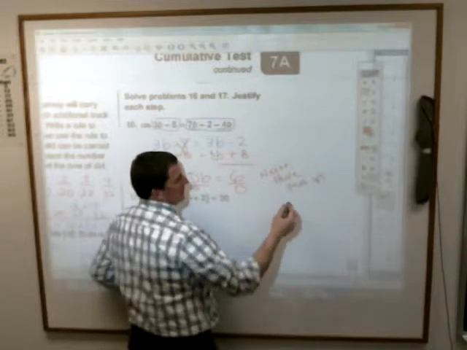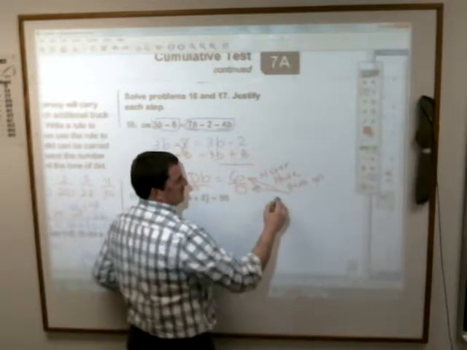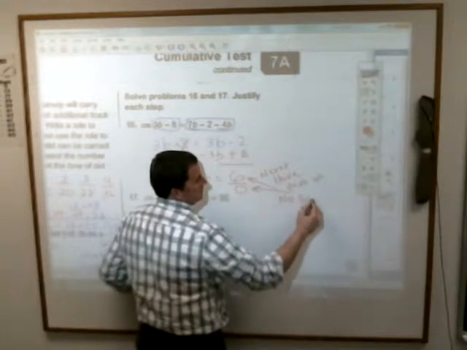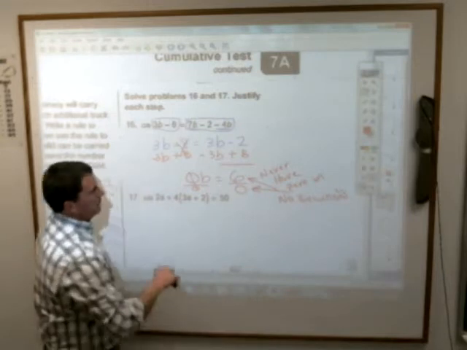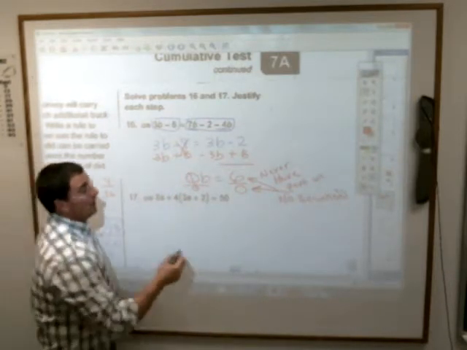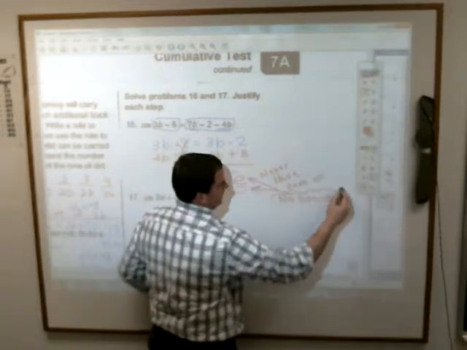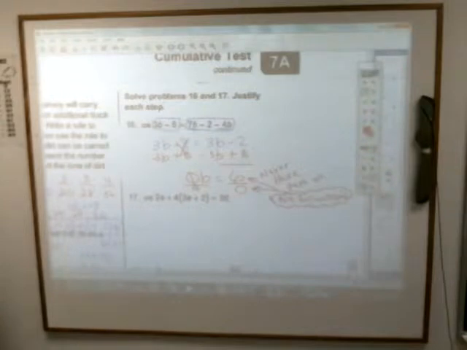But if there's a 0 on the bottom and some other number on top, it's no solution. You cannot do it, because there is no real number in the world you could ever multiply 0 by to get 6. So you have to watch for that when you do equations. So that'll just be your answer. No solution. Can't do it. That is your answer.